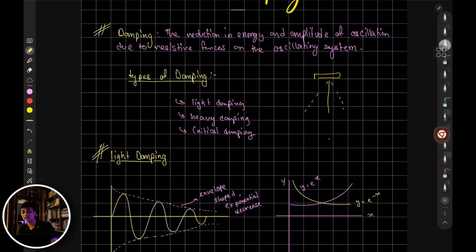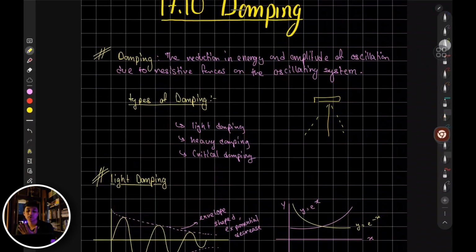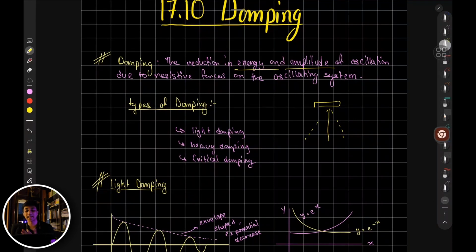So basically, as damping happens, both amplitude and energy take a hit. The energy decreases and the amplitude or the displacement starts decreasing as well.